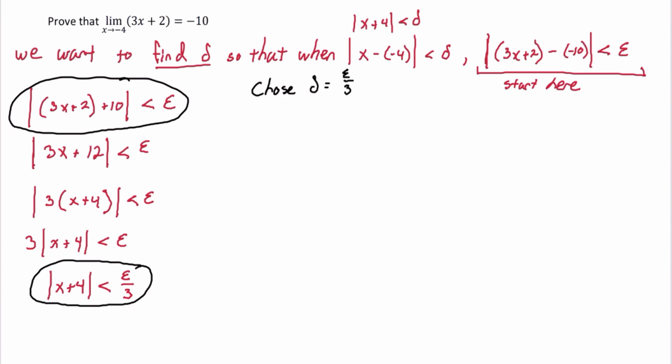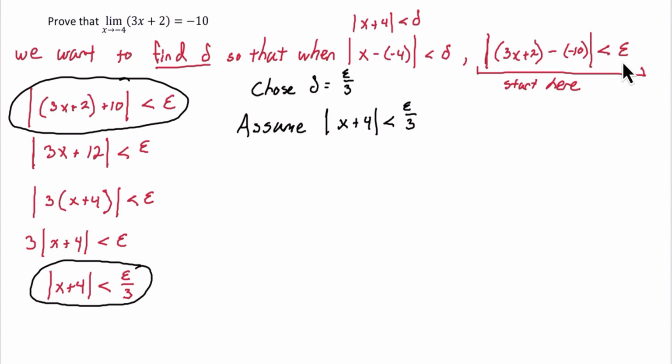Now we will assume that the absolute value of x plus 4 is less than delta, which we are now rewriting as epsilon over 3. We're going to assume that this expression is true. Now our goal is to state that this statement is less than epsilon.